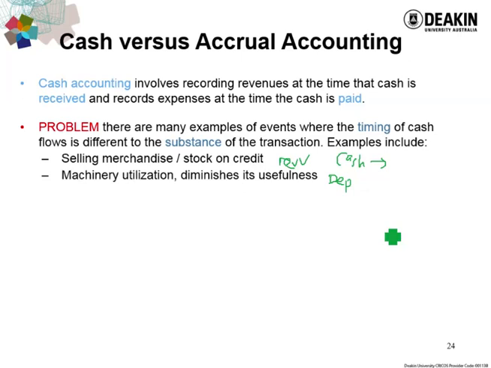When assets get older, their usefulness diminishes. So we have to recognize depreciation in this case. Depreciation is a form of expense, and in this exercise there is no cash involved at all, because depreciation is considered an internal adjustment or a balance day adjustment that does not have any cash flow effect.